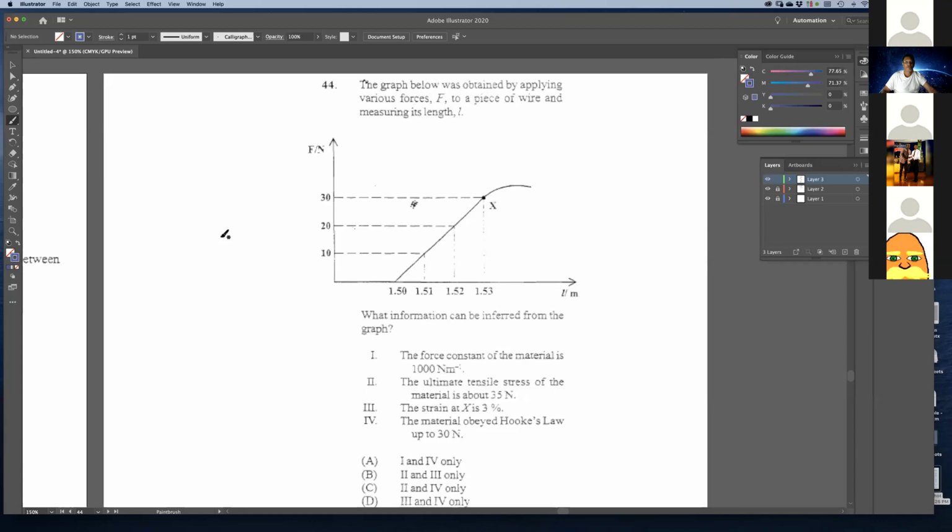Number 44, the graph below is obtained by applying various forces to a piece of wire. What information is true from the graph? Force constant of the material is 1000. Force against extension.